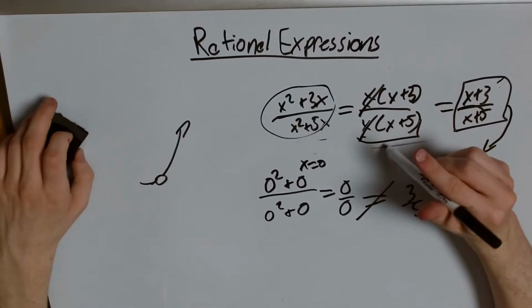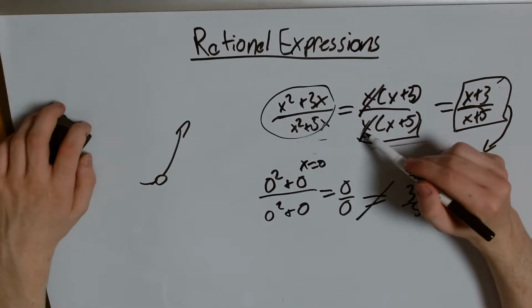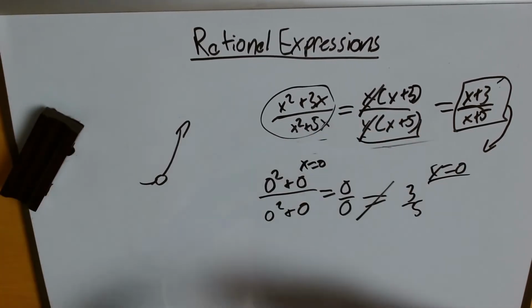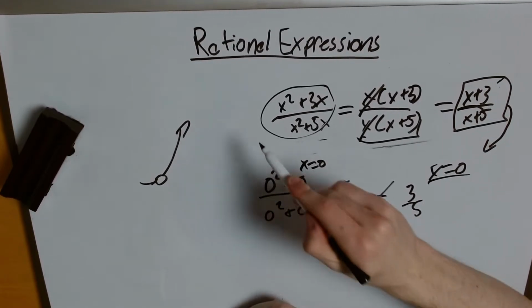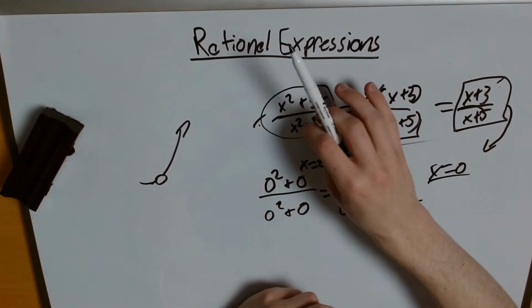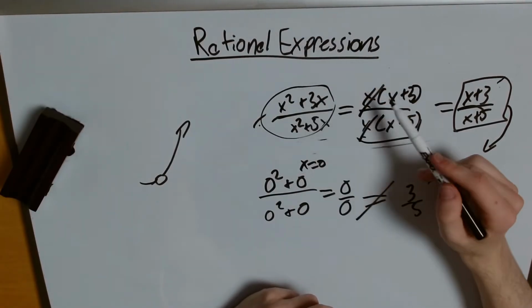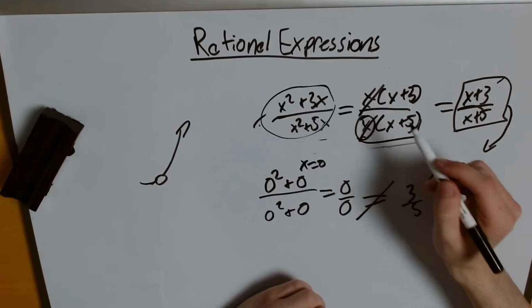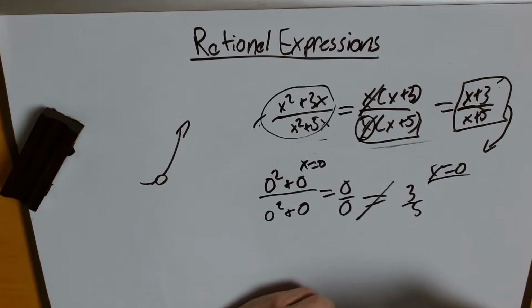And the reason is, even though we cancel it out on both sides, that hole, that place where 0 just isn't a solution, still exists here as well. So, it's a thing to keep in mind. Always look at your original expression, and even when you're canceling out stuff from the numerator and denominator, remember, that stuff in the denominator, that's still a point where it is not a solution.